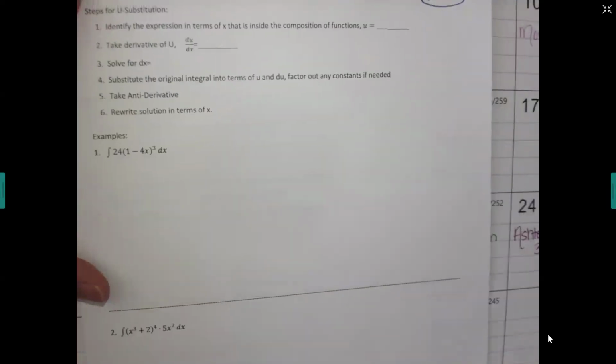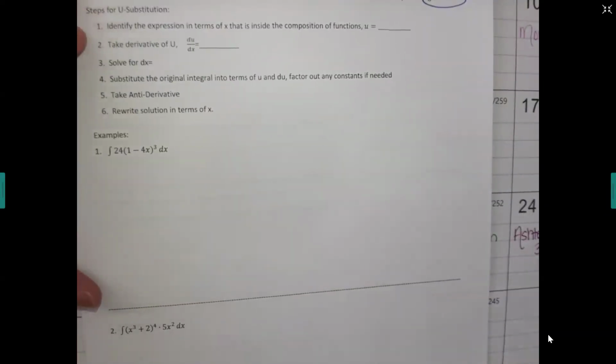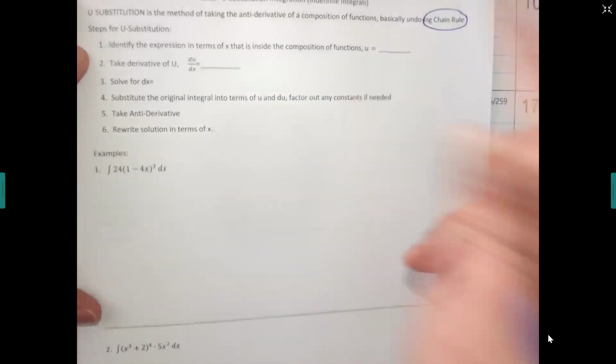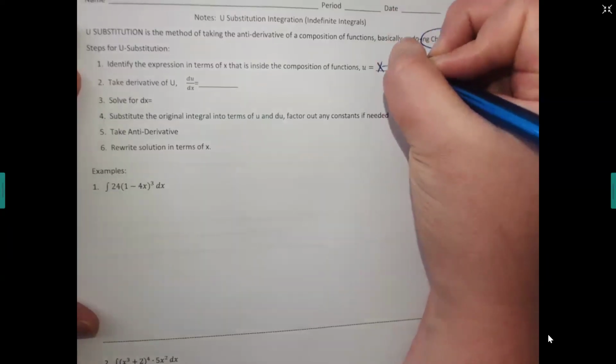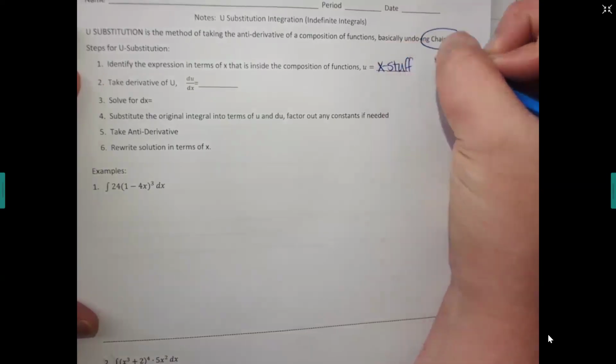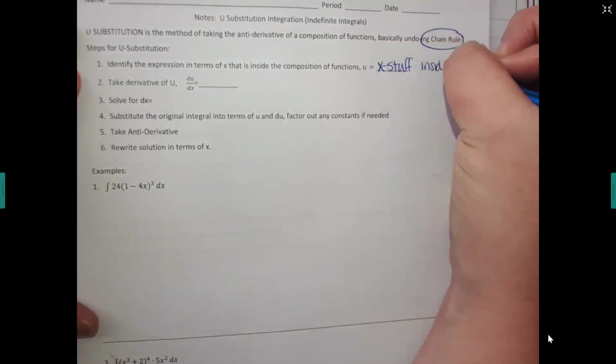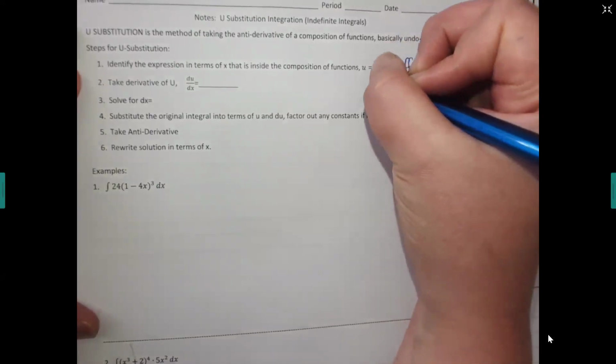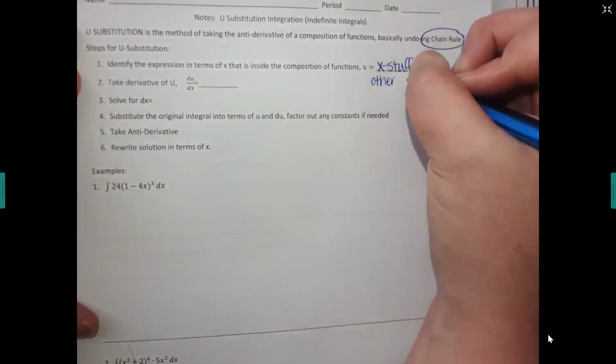All right, step number 1 is you are going to identify what your u should be. U should be the stuff that is inside other operations or functions.